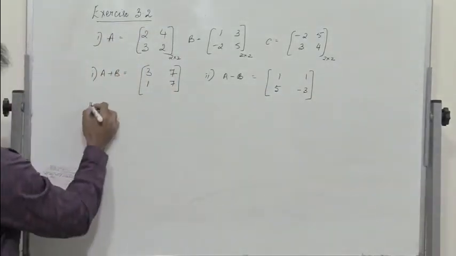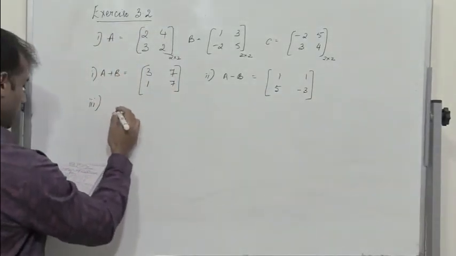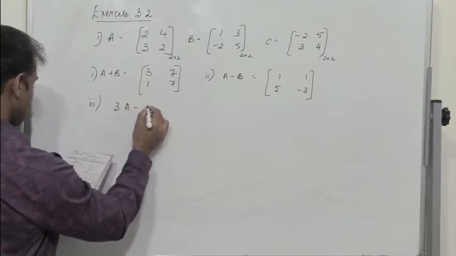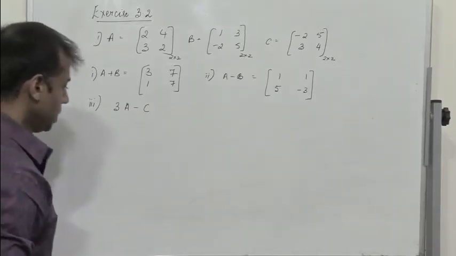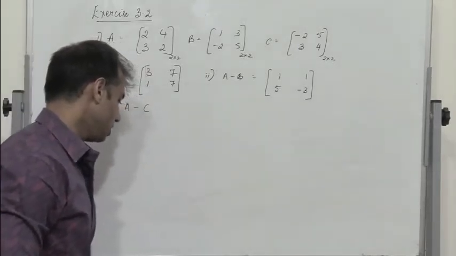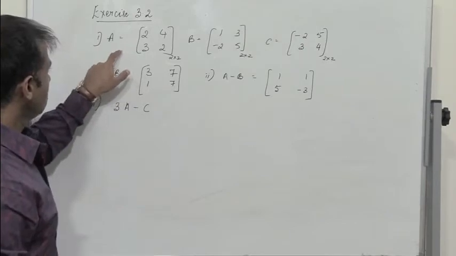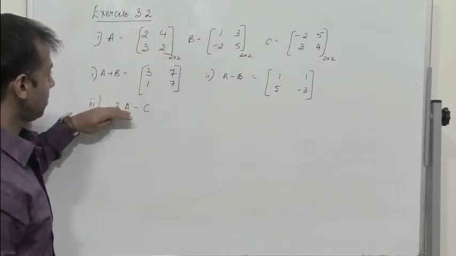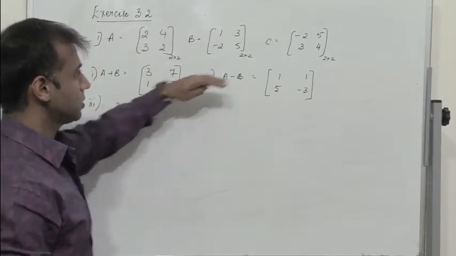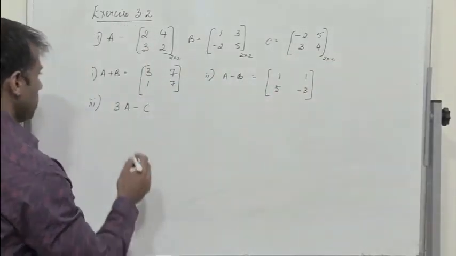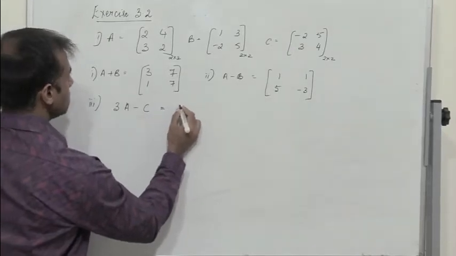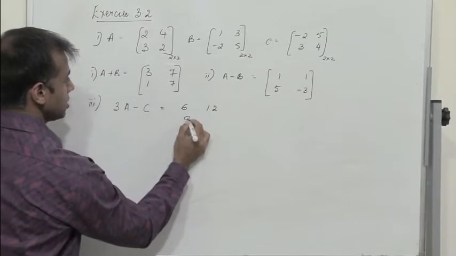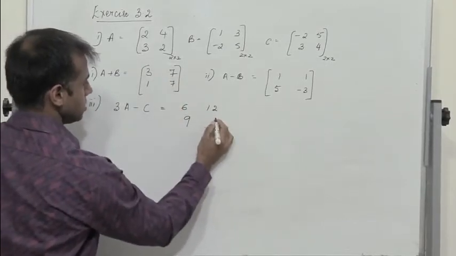Next, the third one, we need to find 3A minus C. Right? So what is 3A minus C? I need to multiply 3. So all the elements of matrix A get multiplied with 3 and then we need to subtract the matrix C. So 3A is 3 into 2 is 6, 4 into 3 is 12, 3 into 3 is 9 and 2 into 3 is 6.